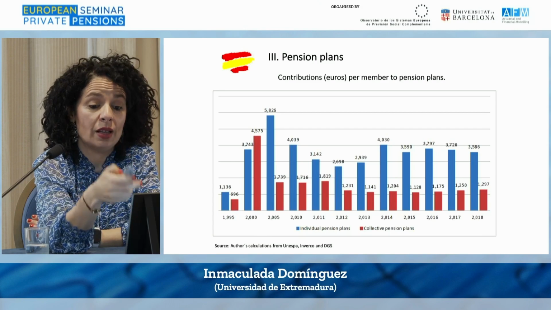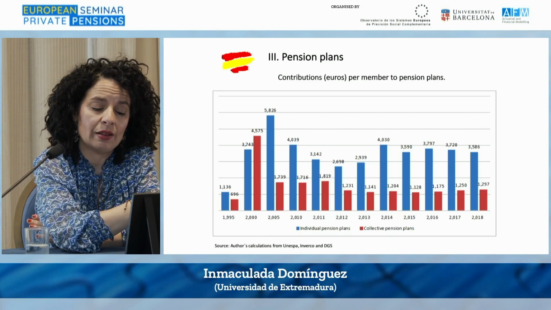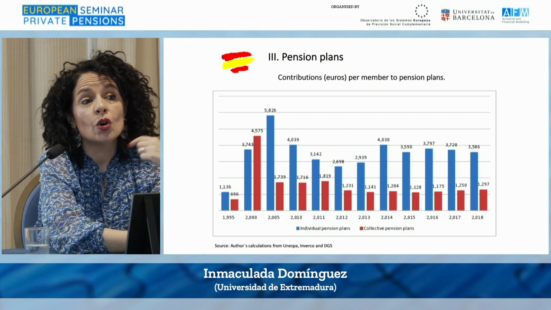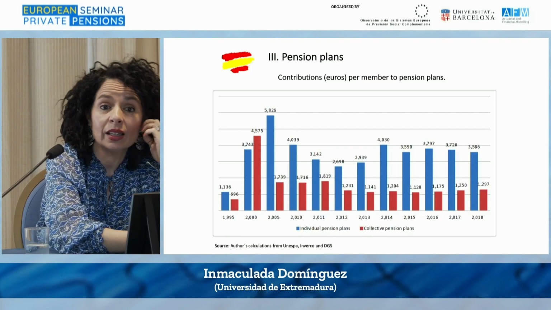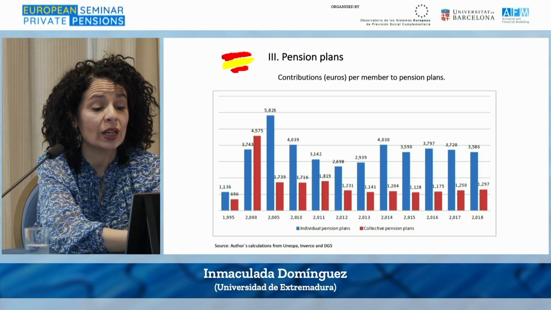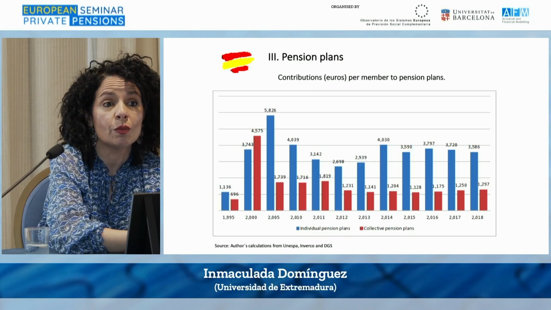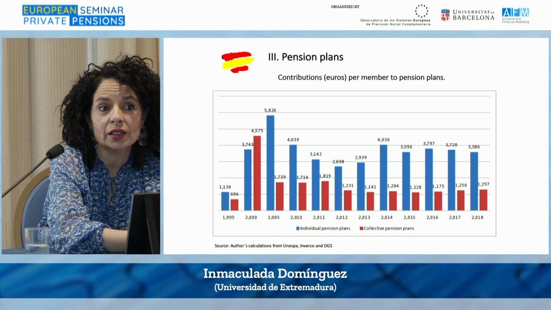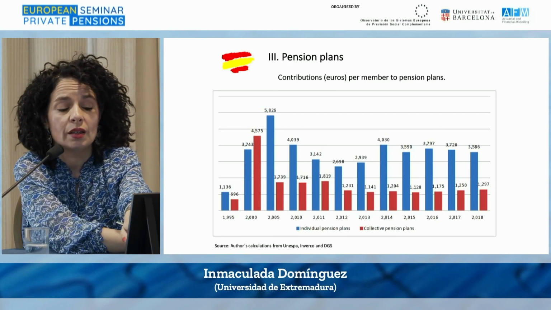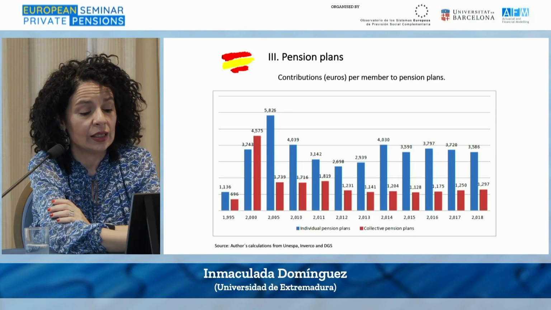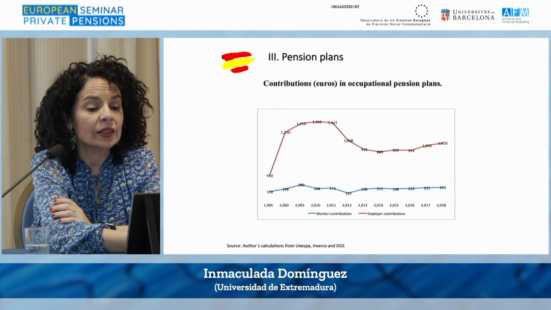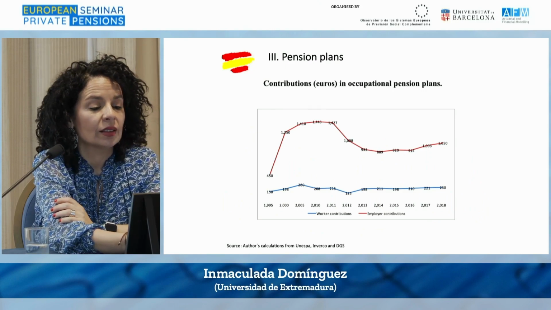The last chart showed that there are more people in individual than in collective, and now you can appreciate that you contribute more money in the individual than in the collective. Not so much, but a larger amount in the individual than in the collective pension plan. And what happened in the pension plan?